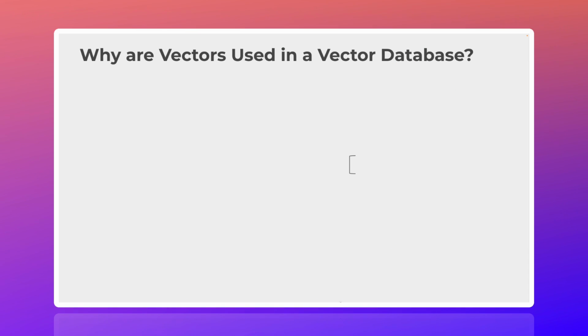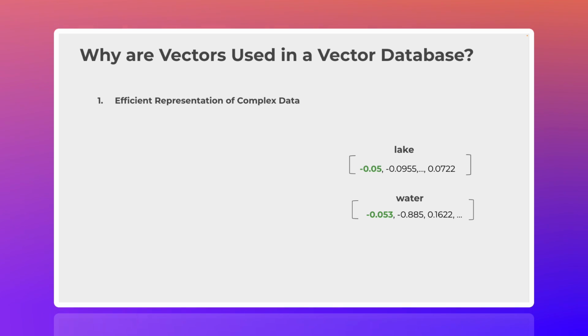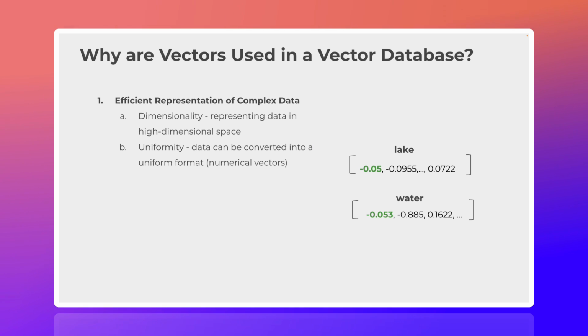So in summary, vector databases give us a lot. Number one, as I said, is efficient representation of complex data. This raw, unstructured data now has dimensionality, which means the data is represented in high dimensional space, and has uniformity, which means data can be converted into uniform formats, in this case numerical vectors, which is way better for quick search, similarity search, and so forth.